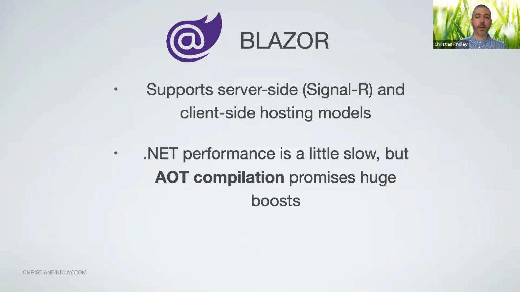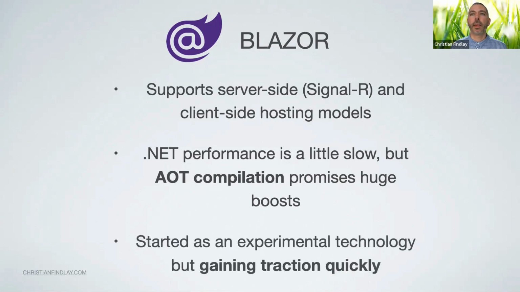This should be a lot faster. Some people are saying between 10 and 20 times faster than the existing WebAssembly code. So potentially we could see technology that's even faster than JavaScript inside the browser. That's what I'm really hoping for on both counts as far as Blazor and Uno are concerned. That's where I'm hoping that it will go.